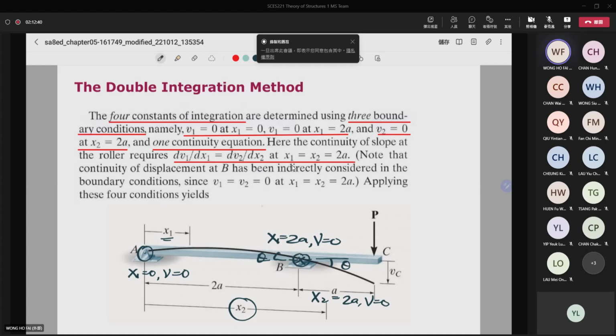So it is equal to theta B. That means dv1/dx is equal to dv2/dx. Well, at this location, both x1 and x2 are equal to 2a. Then we will use the 2 slope equations to find the answer.